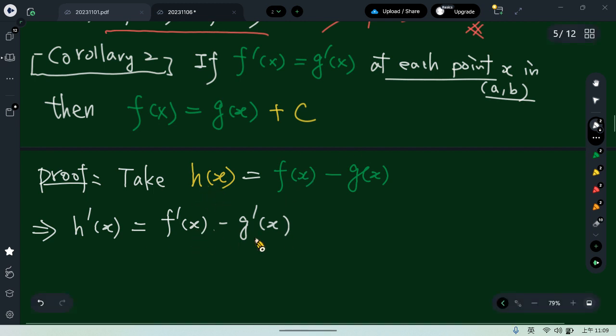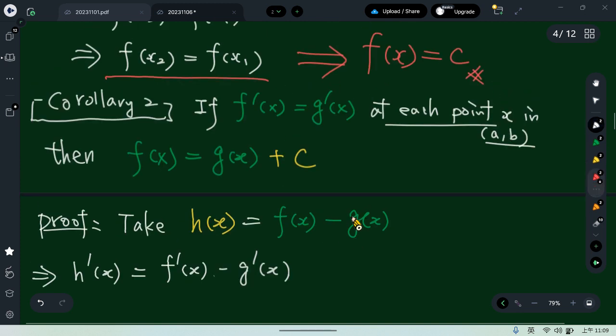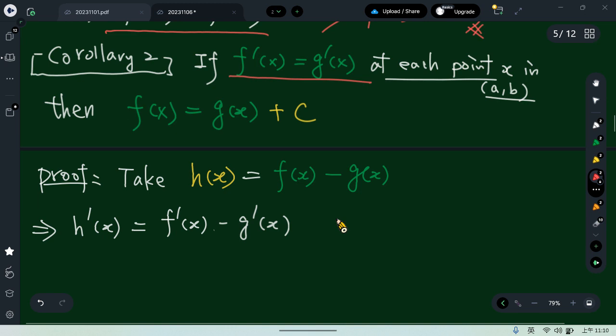Of course, I assume f of x and g of x are differentiable, so I can do this at both sides. Since you just told me that f prime x is equal to g prime x, what's the result?